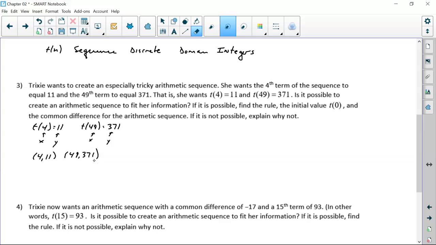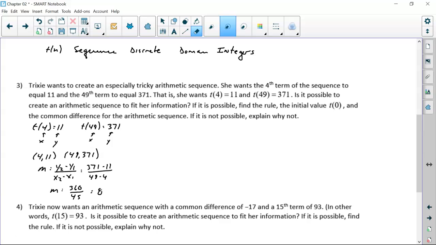Between those 2 points, we can find the slope. y2 minus y1 over x2 minus x1. 371 minus 11 over 49 minus 4. So it's going to be 360 divided by 45, which is 8. So our slope is 8.